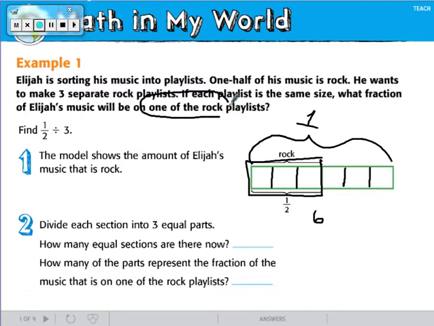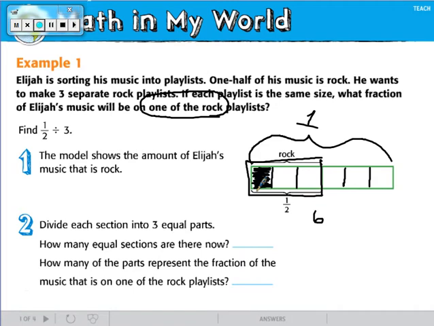How many of the rock playlists do we care about? 1. So the reason why we didn't write 3 right now is because we're going to represent this by shading in 1. Okay. Yesterday we did not have to show how many pieces we were having. Okay, we were just separating it into pieces. So today we have to show how many of the pieces we care about.